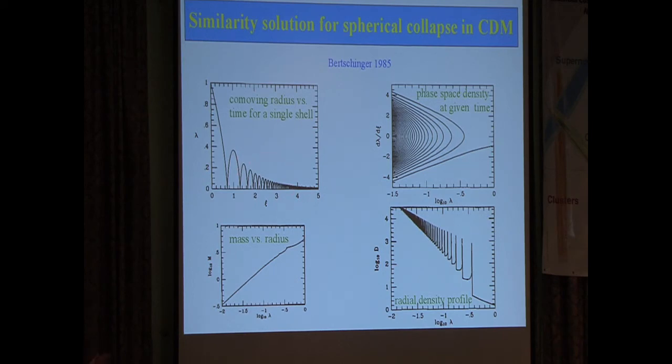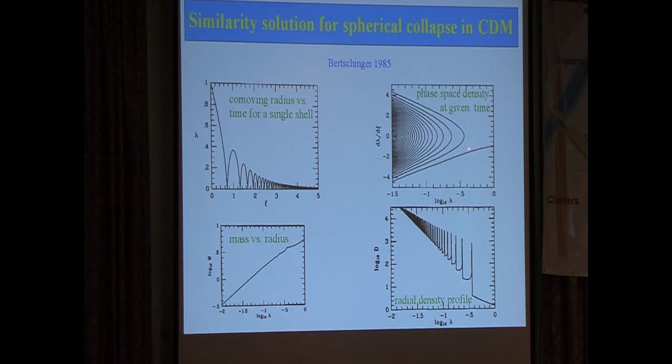Now if you look at all the different shells at a given time, then you get this. This is the velocity in the radial direction, and this is the distance from the point mass. Again, it's a spherically symmetric system, so it's just a two-dimensional phase space. If you're very far away, the velocity is negative because it's still falling in, but it hasn't got through even one orbit yet.